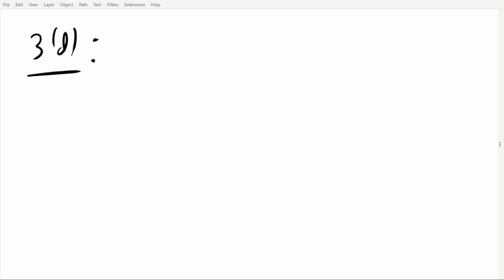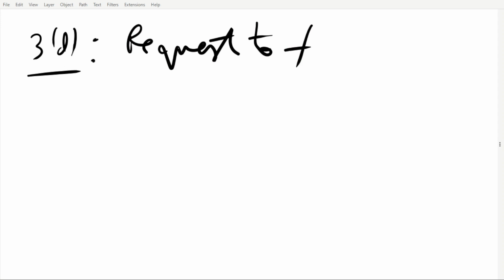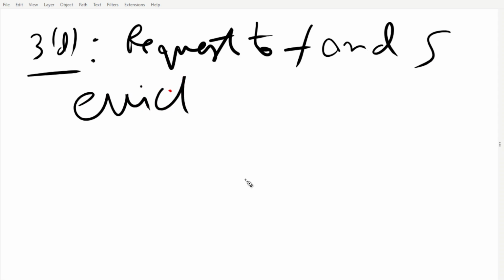In this case we have a request to F, and S evicts some X which is not equal to E.